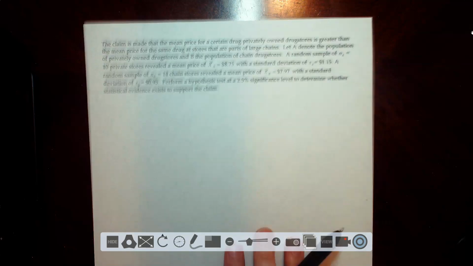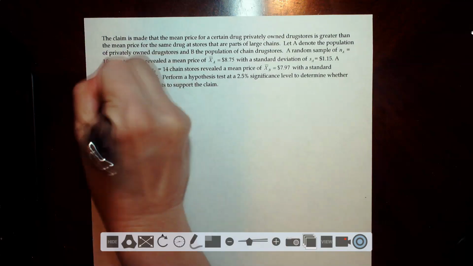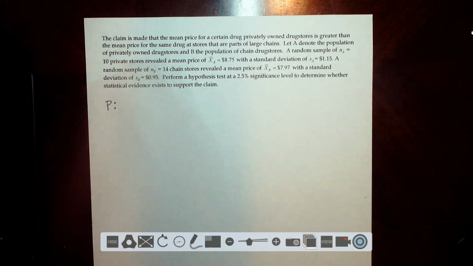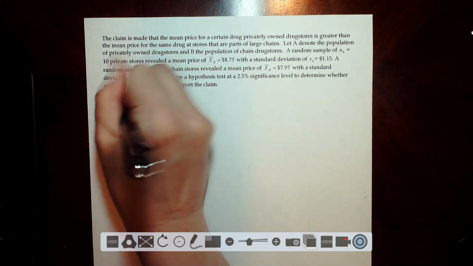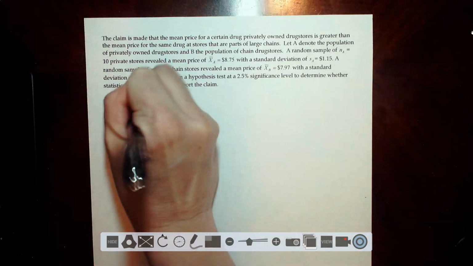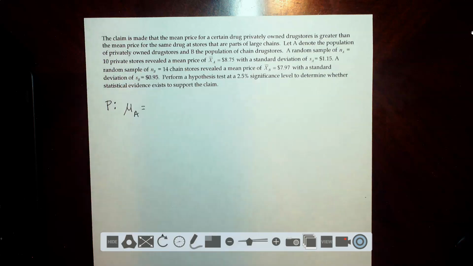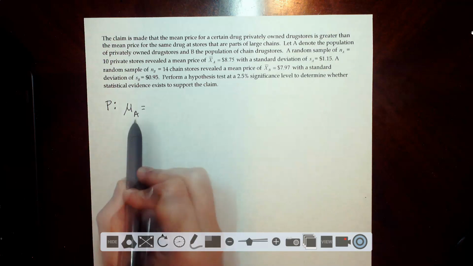So the first thing we need to do is go through and identify each of these. For A, I could also use P for private and C for chain. I actually do that a lot, but since it says let A denote and B denote, I'll do that. Generally, I would have done P for private and C for chain here.